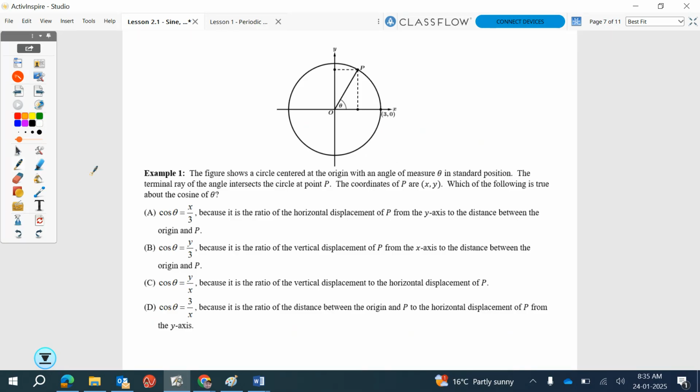Now what we want to notice here on this one is this has been enlarged. Everything has been multiplied by 3. So we've stretched it, we've dilated the unit circle. It's no longer a unit circle. So the coordinates of P on this one, we have to work this one out.